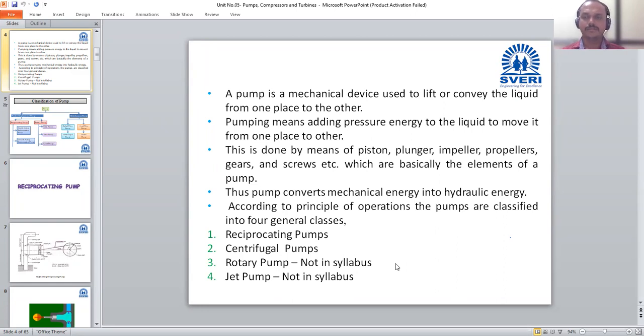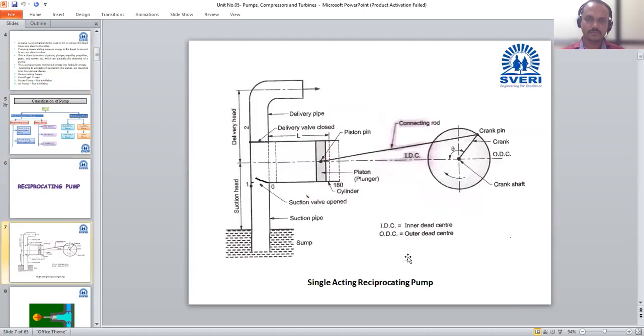And when you get time, you have to write the working of that single acting reciprocating pump. Over, sir. Over, okay. Now draw this diagram.